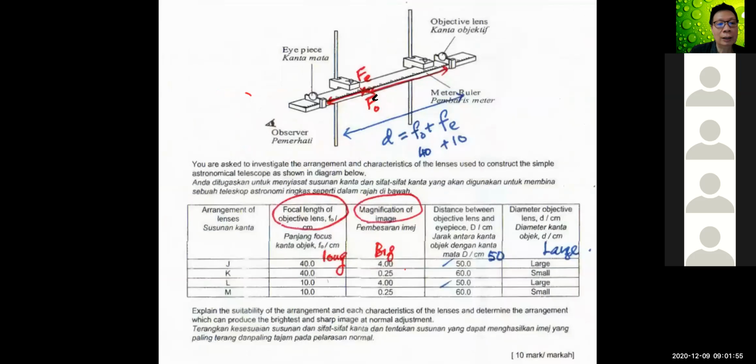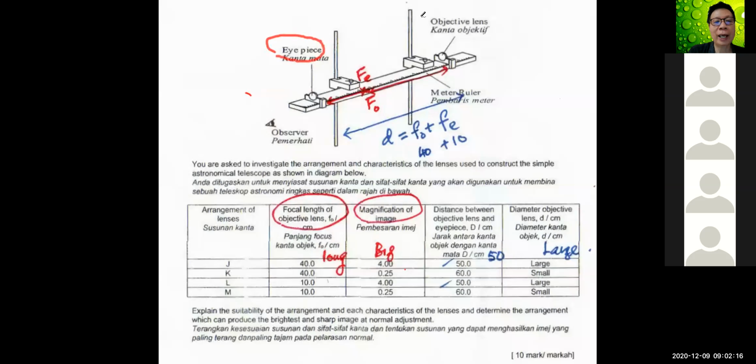You are asked to investigate the arrangement and characteristics of lenses used to construct a telescope. You see the telescope here now. The eye is here, so this is the eyepiece.